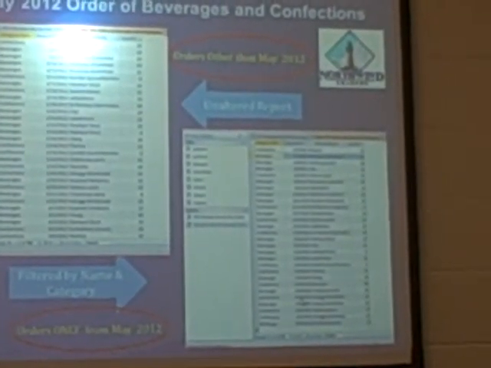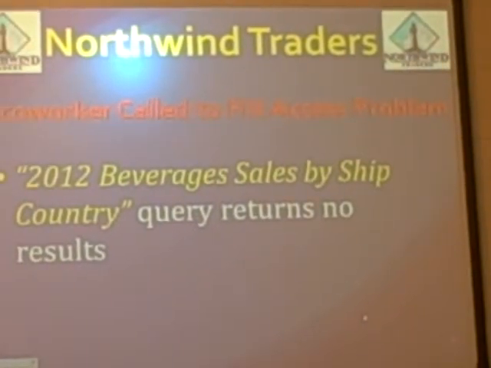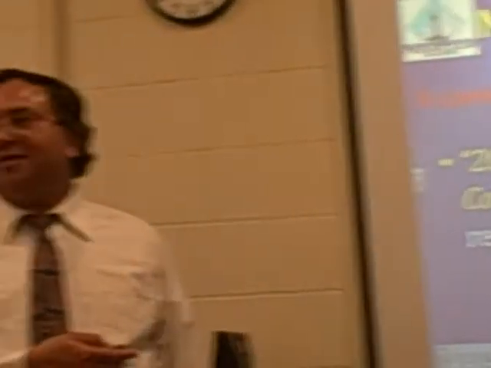There was another similar kind of issue. In this example, customers wanted to find the beverage sales by country, but it wasn't showing it. It was showing all the other countries' results also. So, same thing. Can you go back?